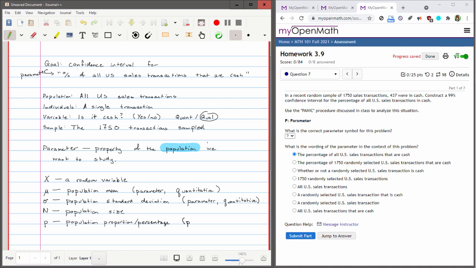That's also a parameter, but we use that for qualitative data. It'll be some percentage that said yes to whatever question we're asking.